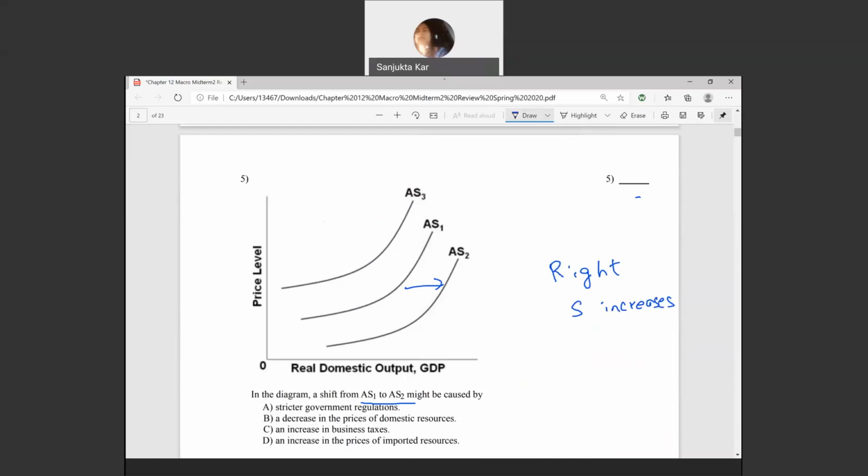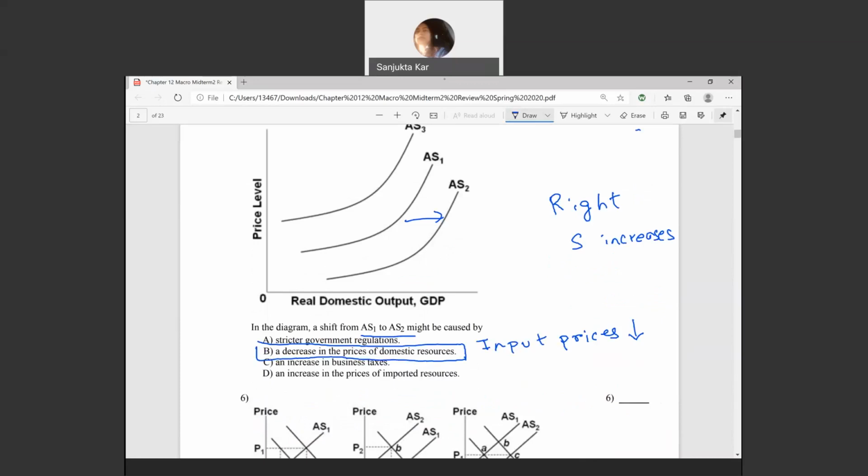Why would the supply increase? Look at the choices here. Definitely it's going to be this one: decrease in prices of domestic resources. So when input prices go down, aggregate supply curve shifts to the right.